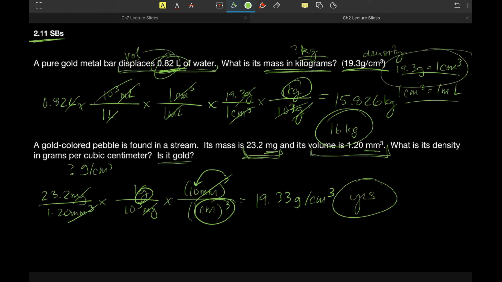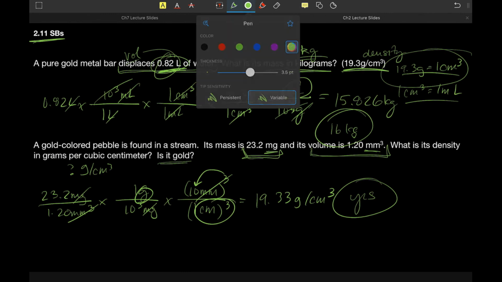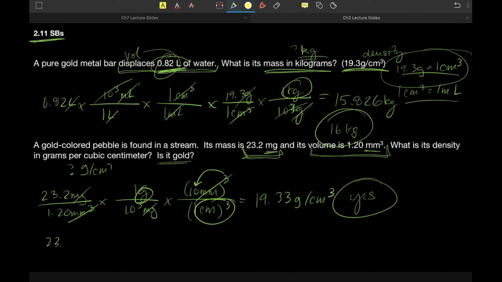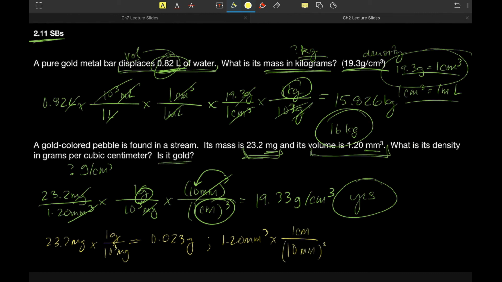Alternatively, we could have started with our 23.2 milligrams and converted using 10 to the third milligrams to grams, and get our number of grams. And then we could take our volume, so 1.20 millimeters cubed, and we have 10 millimeters for every 1 centimeter, and cube that, and cube that.